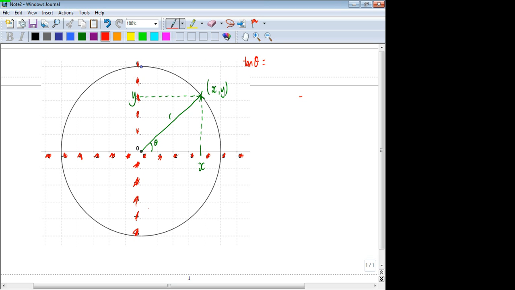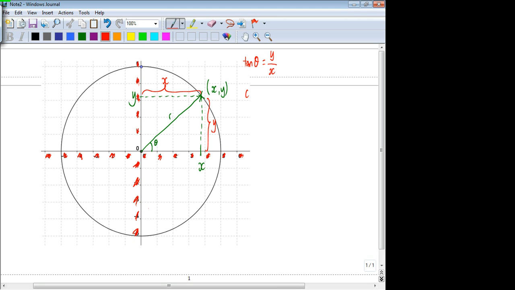Okay, so which one is opposite over here? Where is the opposite side? X is the opposite. Y is the opposite. What is the height over here? This is Y, isn't it? This is X. So when I say tangent theta, I'm asking for opposite, which is Y over X. Okay? Next.